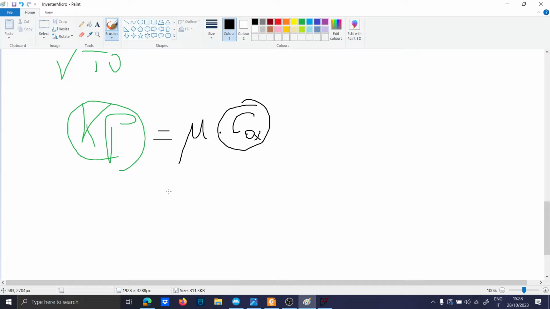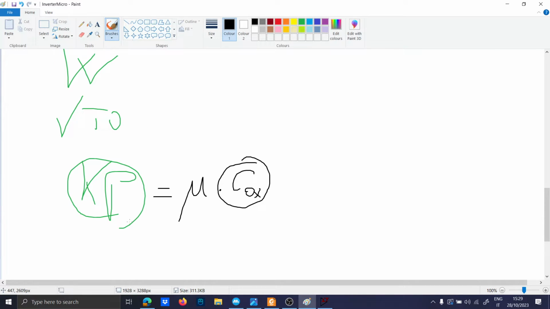You can even make the calculation of Cox if you want, but it is a capacitance which you can find in a common datasheet, so I think that there is no need. For LTspice, the value here should be around 20 micro, and the unit here is A over V squared.